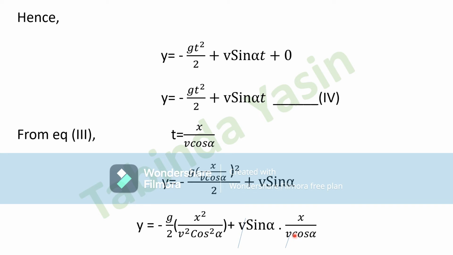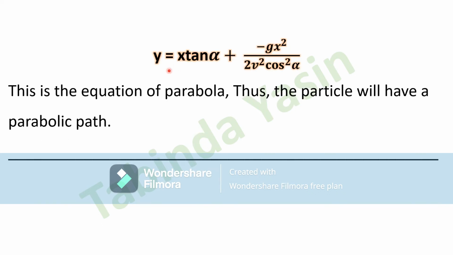Cancelling v with v, we get y is equal to x tan alpha minus g x square over 2 v square cos square alpha.